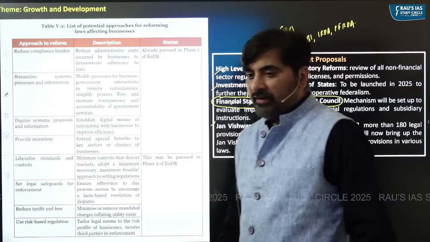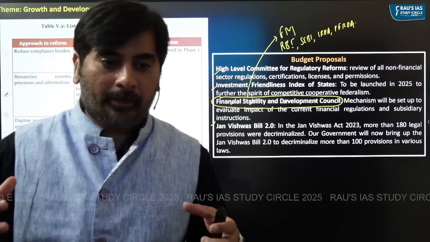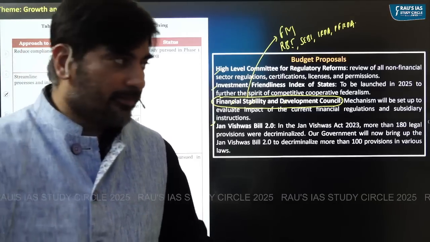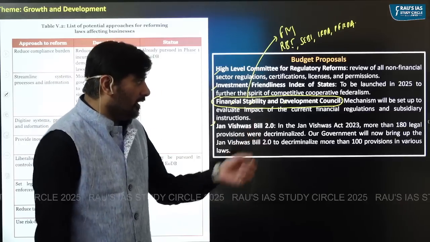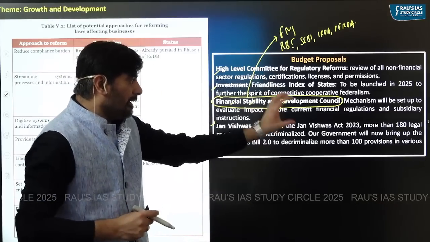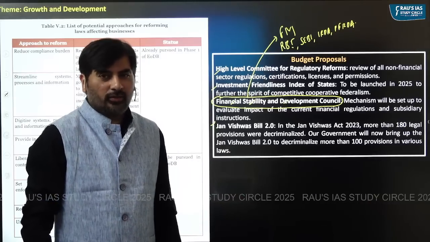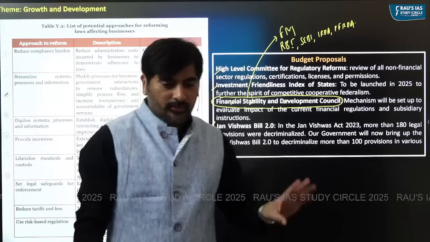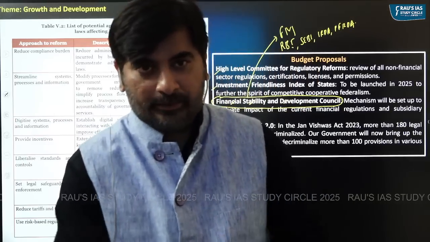So basically, this is an organization to promote coordination between different regulators. This year's budget has said that FSDC will look into the impact of financial rules and regulations, and those rules and regulations will be further simplified. So these are some of the budget proposals with respect to improving ease of doing business.